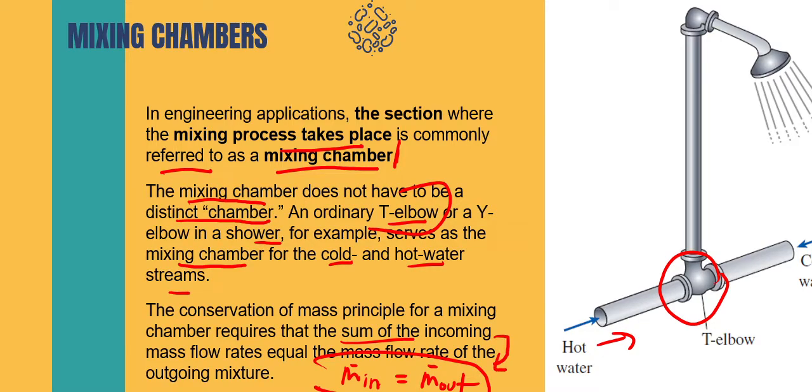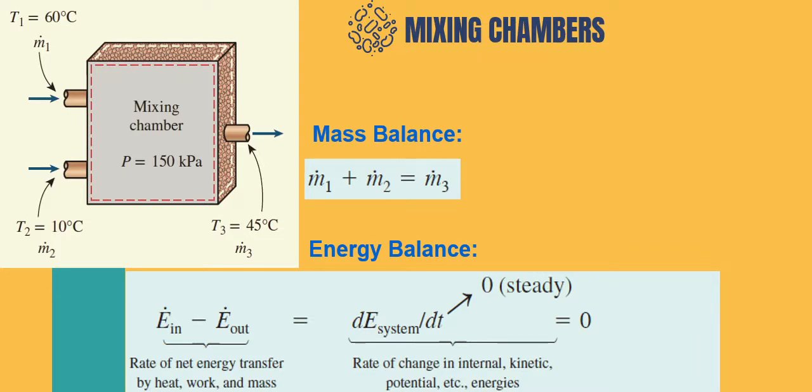So this is what it means by this statement. And then the conservation of energy equation is analogous to the conservation of mass, meaning that energy in equals energy out. Okay, so this is the mass balance. Like I wrote just now, you have two inlets and one outlet.